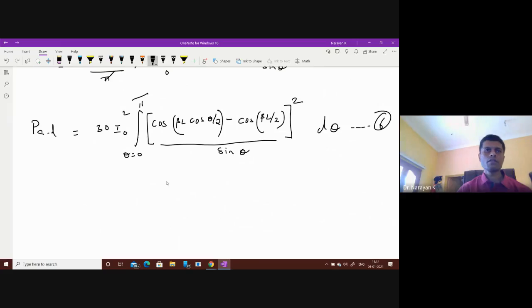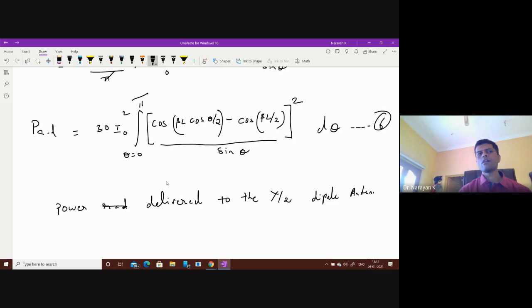Okay. Write down next: power radiated, or sorry, power delivered to the lambda by 2 dipole antenna is equal to P is equal to I square RMS into radiation resistance.